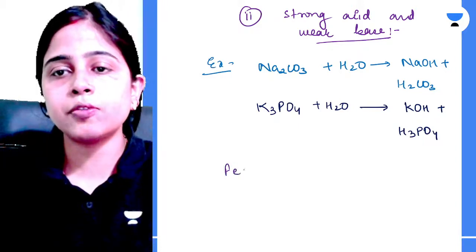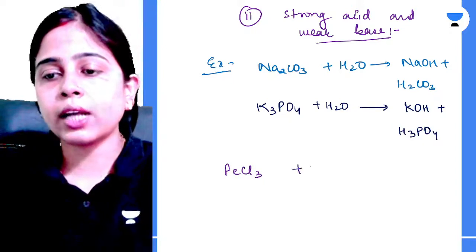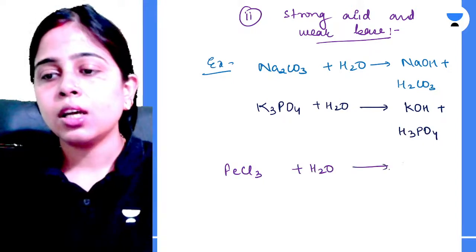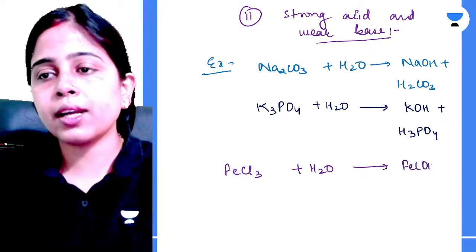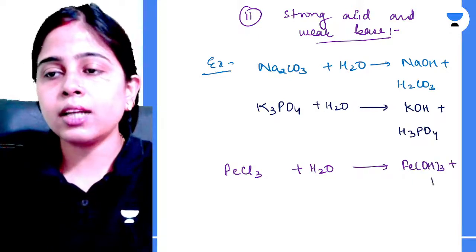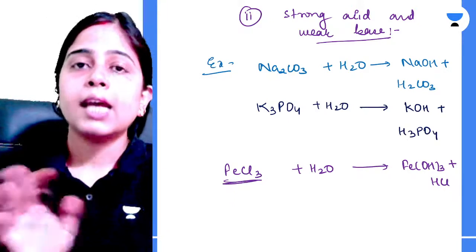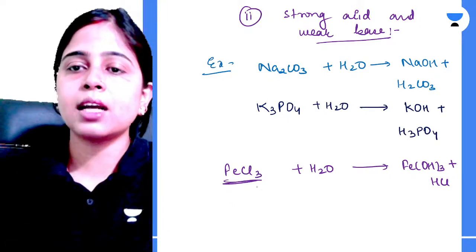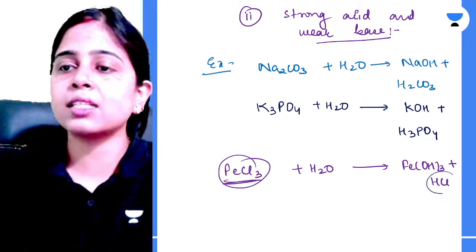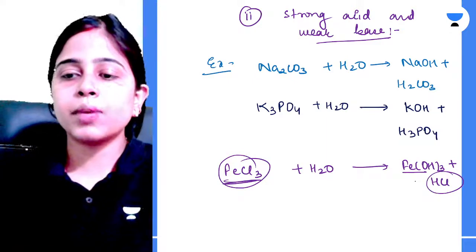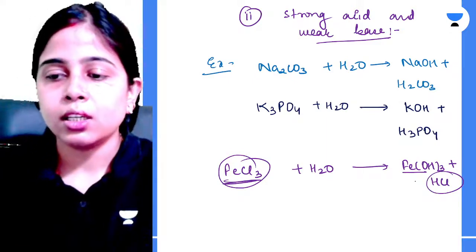For example, your ferric chloride reacting with water produces ferric hydroxide and your HCl. So again, this will turn the solution acidic in nature because these are the salts of strong acid and weak base. Clear?